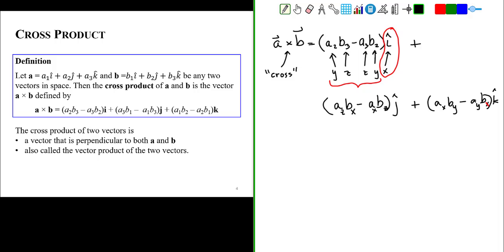Now, this is a long formula, and to be frank with you, I don't have this memorized. I know how to figure it out if I think hard enough, because I know that if we're looking at an x component, the two terms within the parentheses must contain the other two axes.